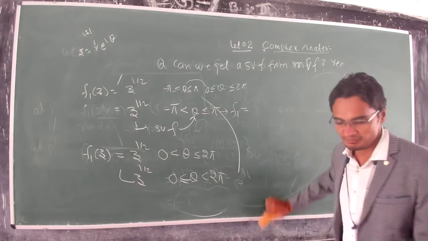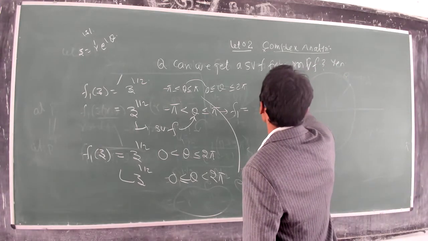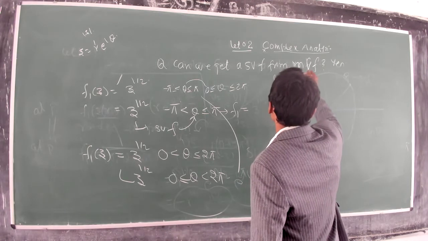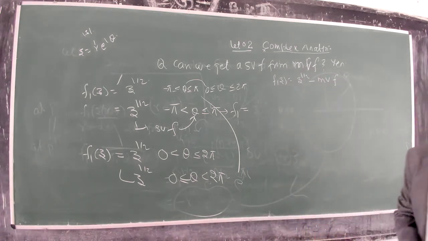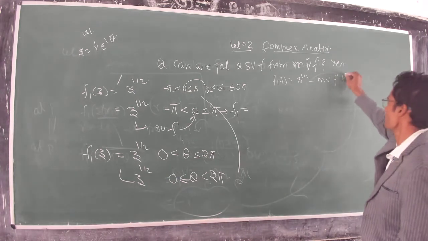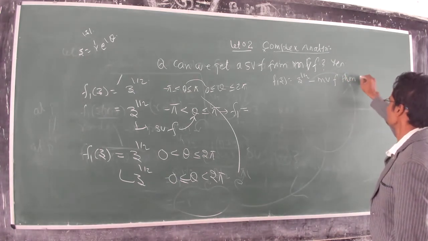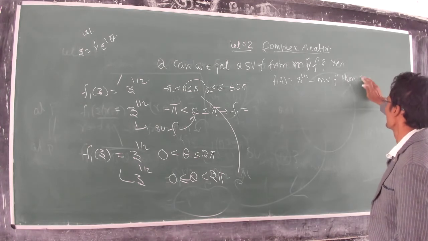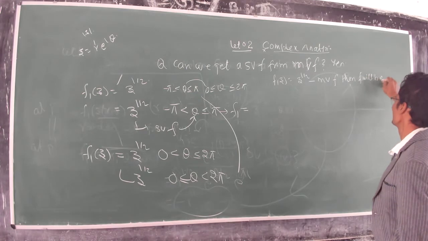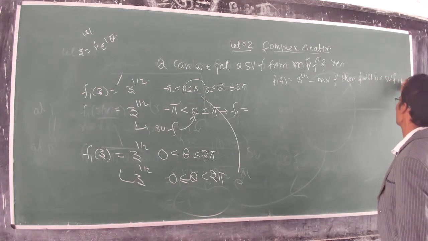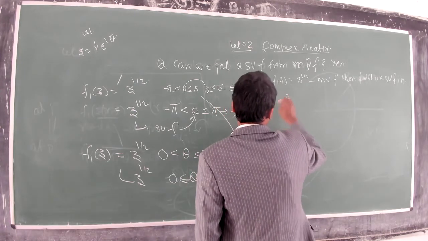Let us look at geometrically. It's a multiple valued function. Then f1 will be a single valued function again.